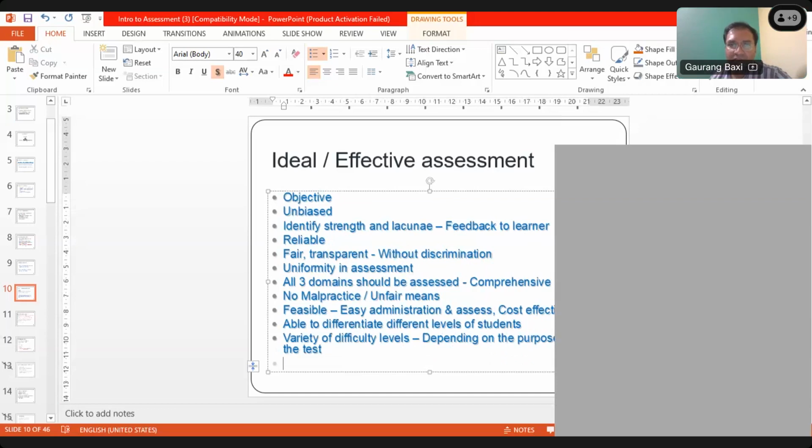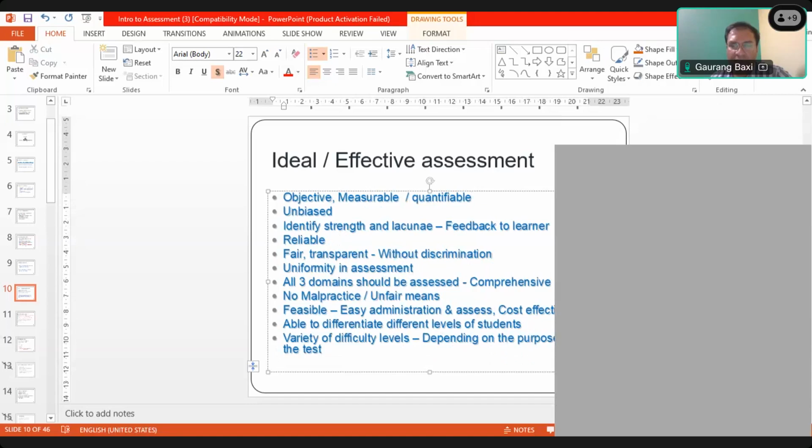Any other dimensions of an ideal assessment? Sir, it should be measurable. What do you mean by measurable, sir? Sir, if we can quantify the assessment that we have done, where we ultimately put it into numbers or a kind of category, so those assessments can measure whatever we wanted to assess from a student.